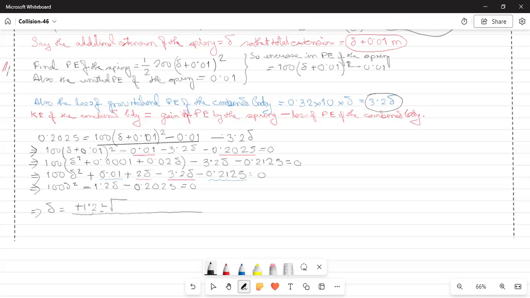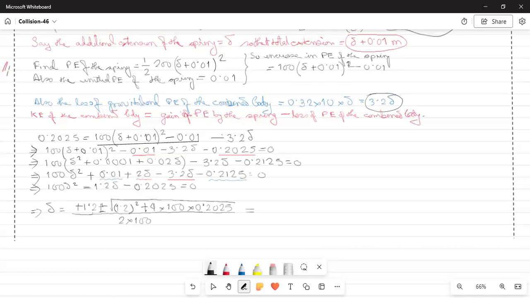plus minus under root, b square is 1.2 whole square, minus 4 a, a is 100 and c is again minus, so it will become plus 0.2025, divided by 2 into 100.